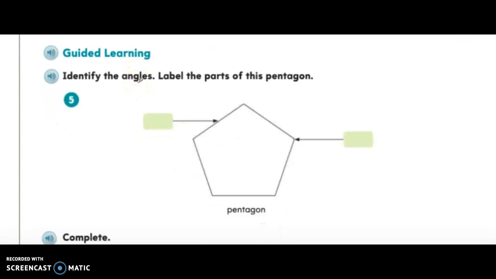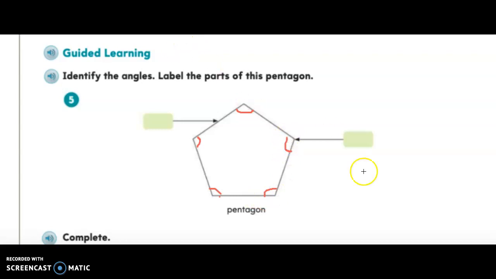All right, so for number 5, we are looking to identify the angles and label the parts of this pentagon. So our angles are where those two line segments meet. So here is one angle, 2, 3, 4, and 5.